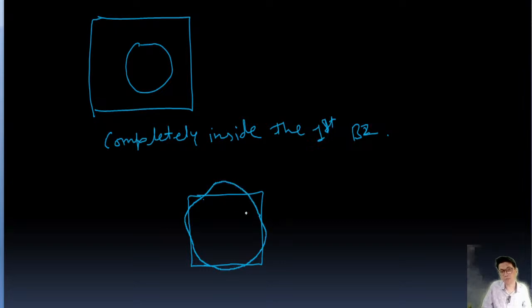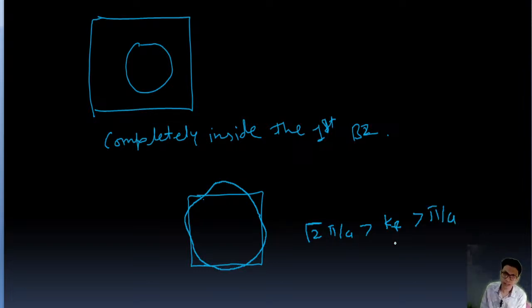This is the circle, guys. Okay, consider it a circle. So this circle doesn't include the corners. Okay, so in this case, root 2 pi by a is greater than Kf, which is greater than pi by a. So Kf is between root 2 pi by a and pi by a.